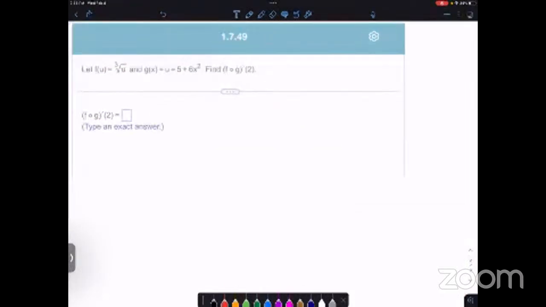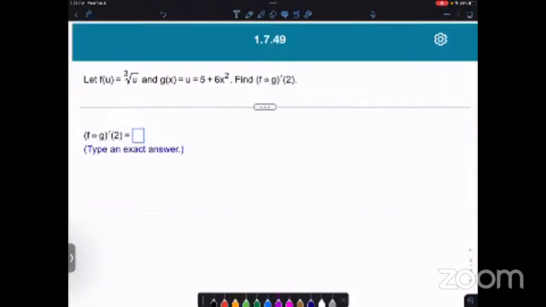Okay, so given this f and given this g, this is f in terms of u, this is g in terms of x. Find f compose g prime of 2. Okay. Let me go back to my stream.